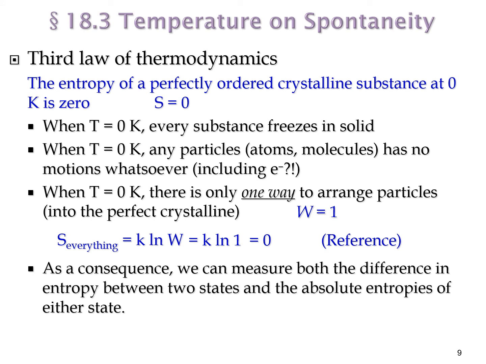That means S, entropy, has an absolute value. As a consequence, we can measure either the difference in entropy between two states, or simply the absolute value of entropy for either state. Entropy is different from enthalpy or energy, because energy and enthalpy do not have absolute values. When we use them, we need to put the delta in front, delta H. But for entropy, we do have an absolute value.